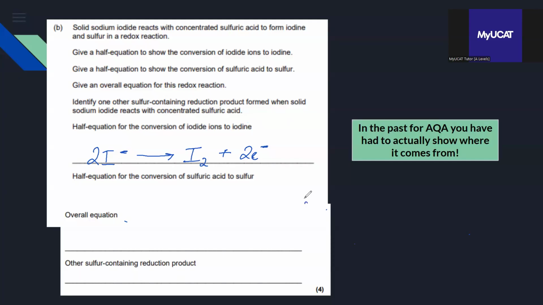Now we're going to write the half equation for the conversion of sulfuric acid to sulfur. So remember, even if we couldn't remember the numbers, what do we know? Well, we know that we have H2SO4, and we know that we're making sulfur, and we know that we're making H2O. Now, the first thing we're going to check is what is the electron change? So going from +6 to 0, what is the electron change? 6.